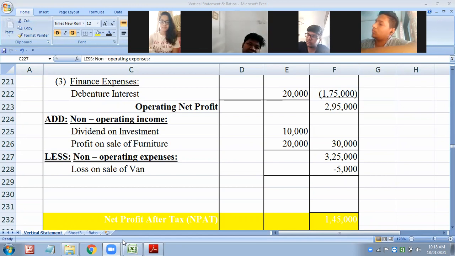Once it is done, please let me know. And can someone help me: operating net profit, after adding the non-operating income and deducting the non-operating expense, what exactly is left? Net profit before tax. Absolutely right answer.